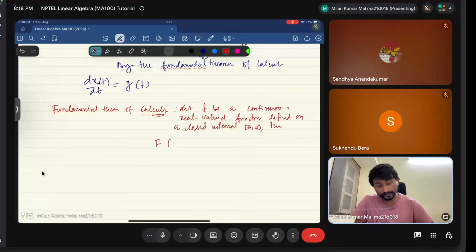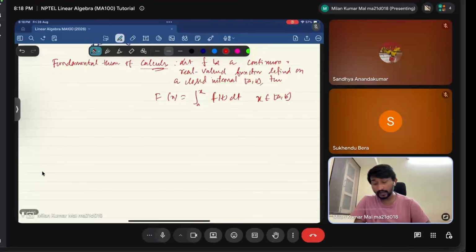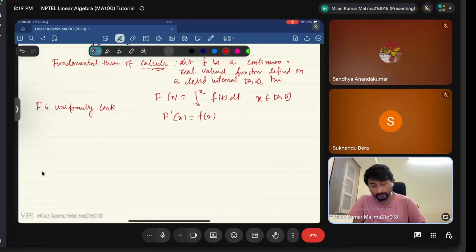Then if I define the function F of x equals the integral from a to x of f of t dt, where x is coming from the interval [a,b], then F is uniformly continuous on the closed interval [a,b], and F is differentiable on (a,b).